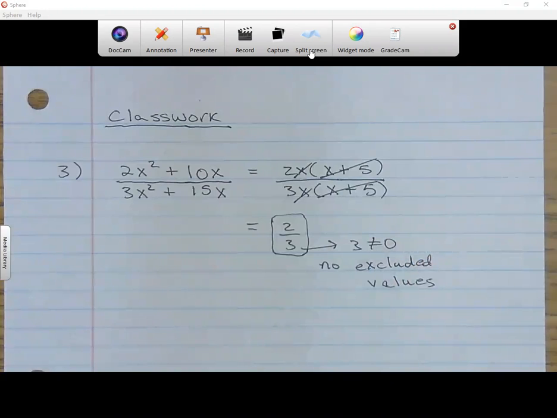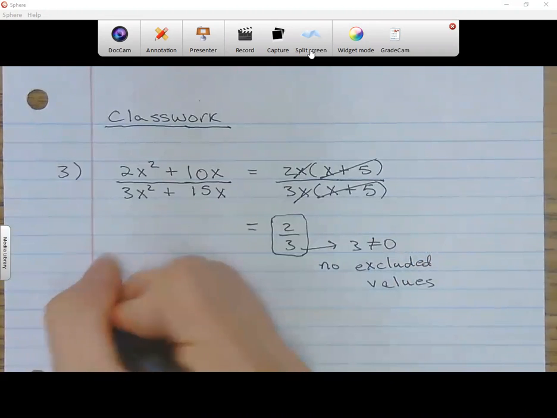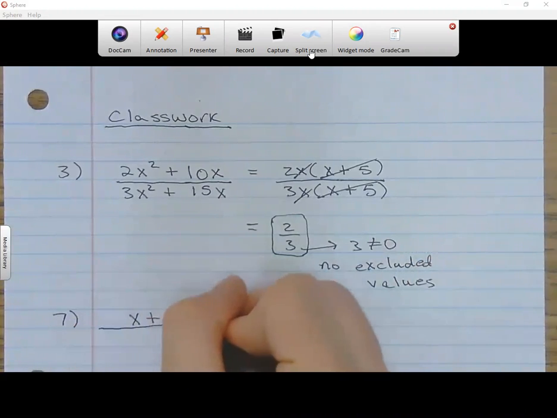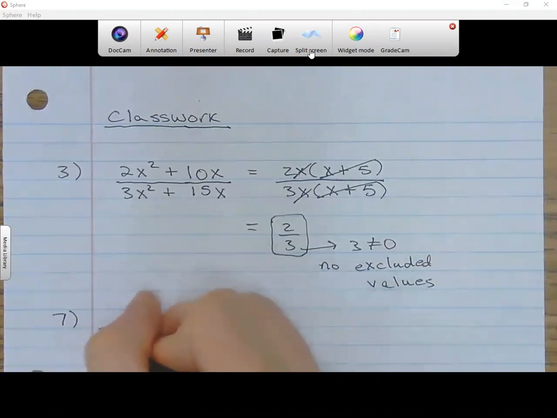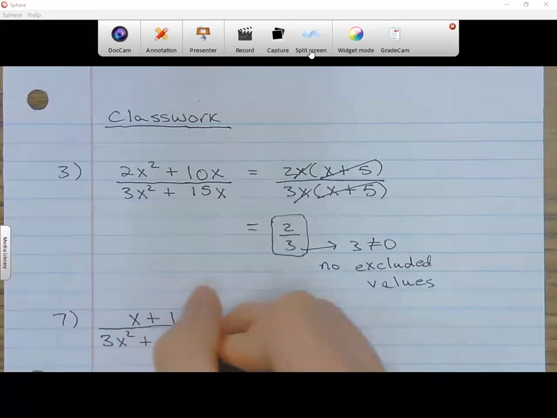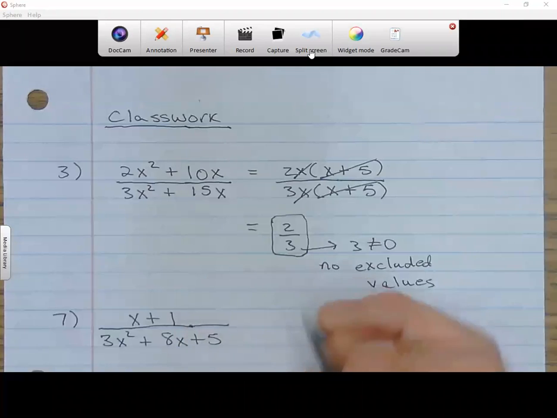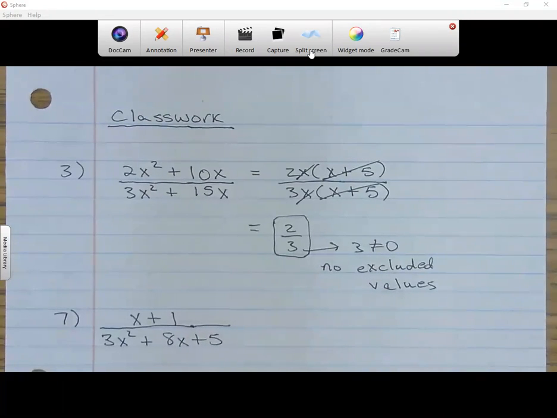Let's try number 7. This will probably be the last one I'll be able to do. All right, number 7.